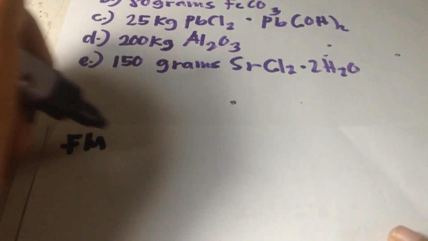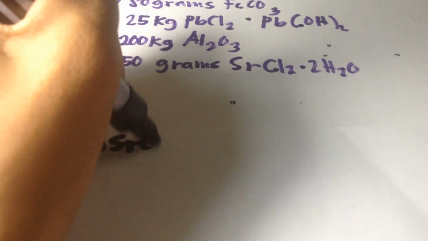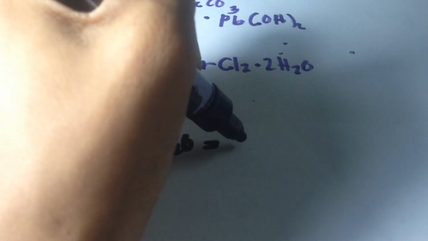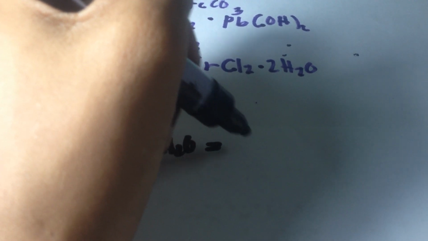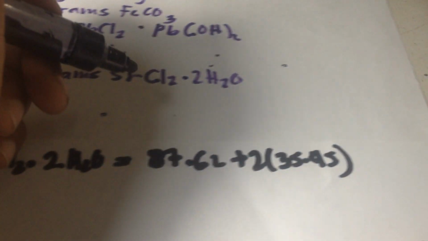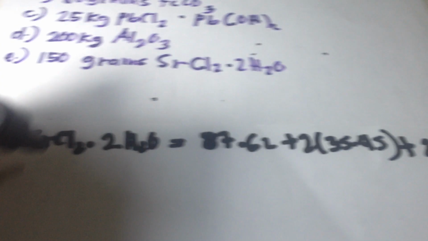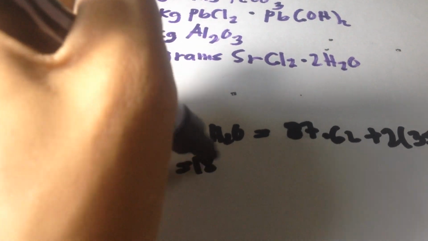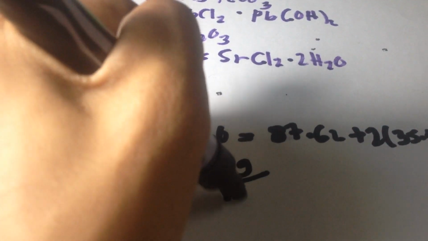So the formula mass of strontium chloride dihydrate is equal to the molecular mass of strontium, which is 87.62, plus 2 times 35.45, plus 2 times the molecular mass of water, which is 18.02 grams per mole.